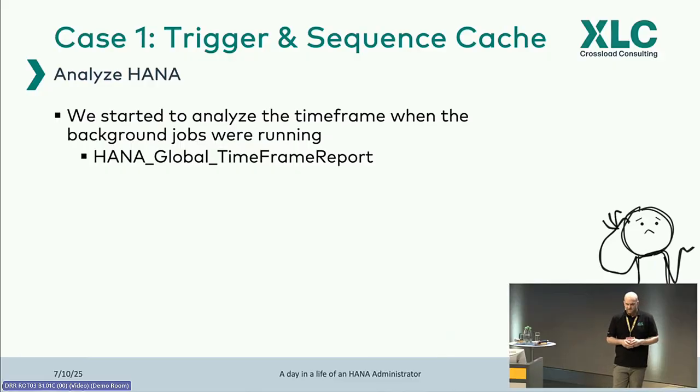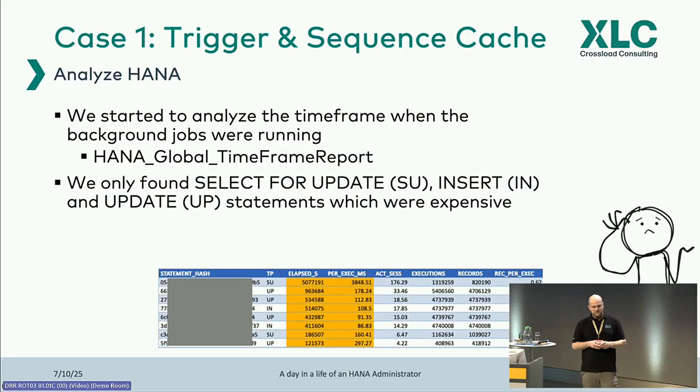We started to analyze the time frame when the background jobs in the system happen. For this, we used the HANA Global Time Frame report. Many times we will use the scripts from Martin Frauendorfer. I remember the SAP Note by Woodstock 700, so it's 1969700. For me, it's the Woodstock 700 SAP Note.